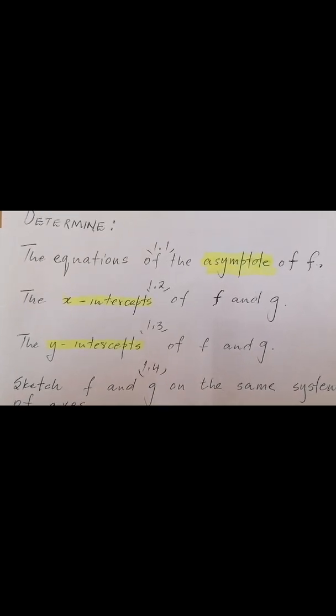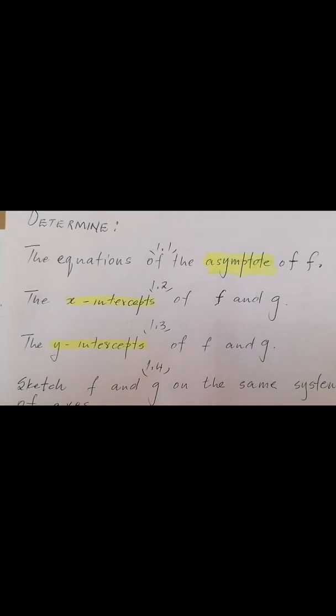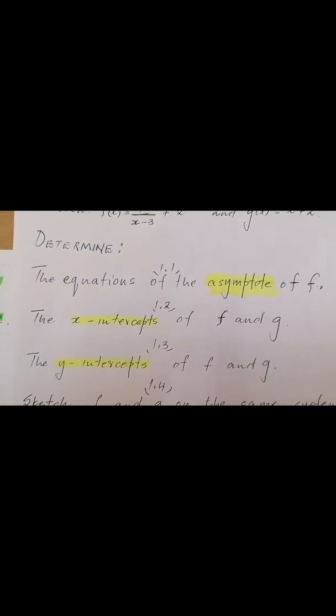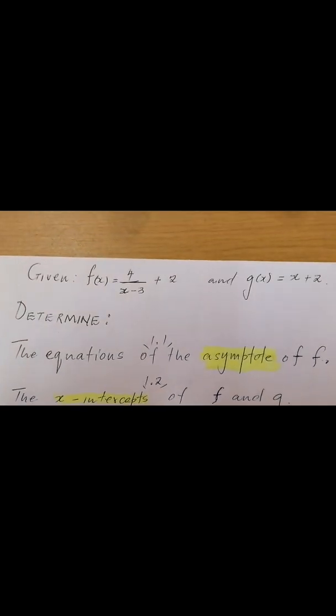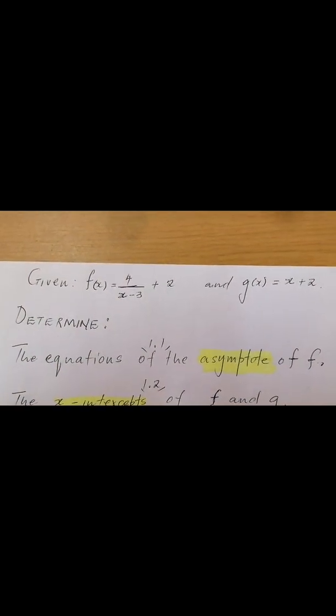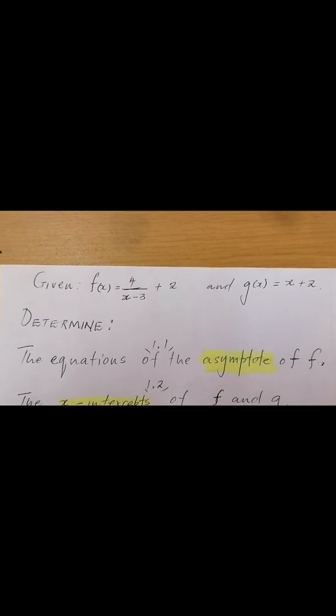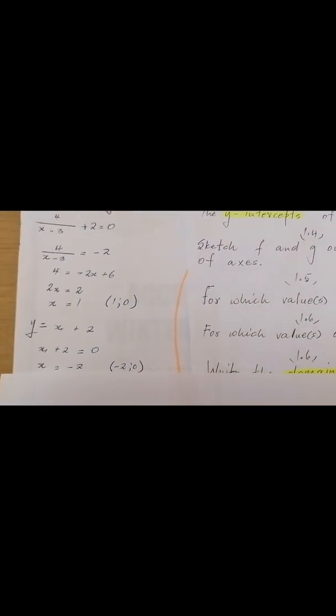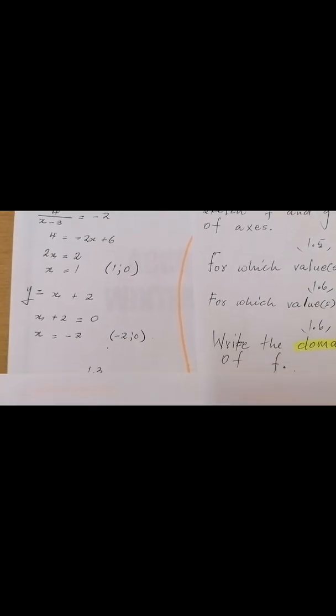Now, the next question says, determine the y-intercepts of f and g. We are looking for the y-intercepts of those two functions again. But now, what do we know about y-intercepts, my friends?